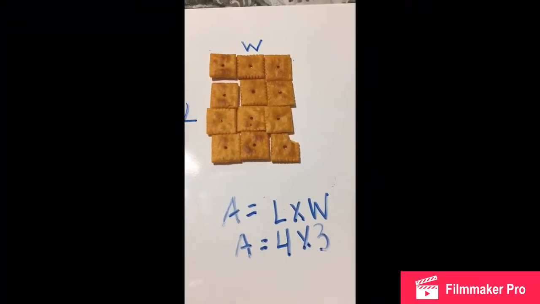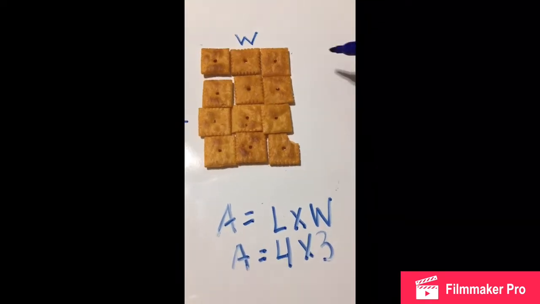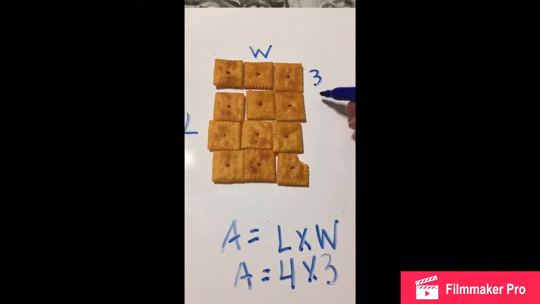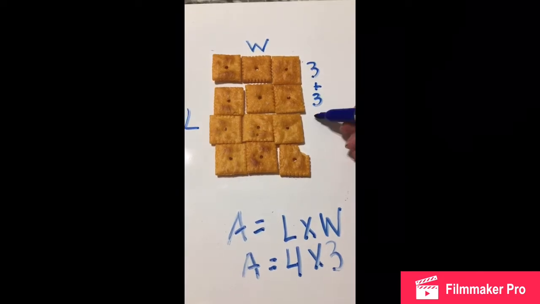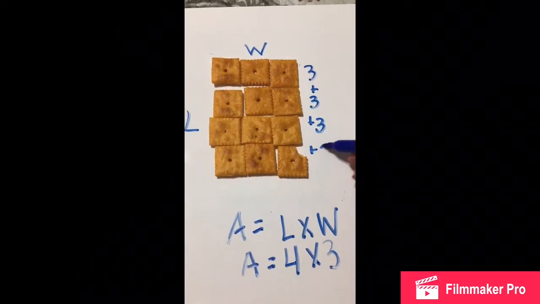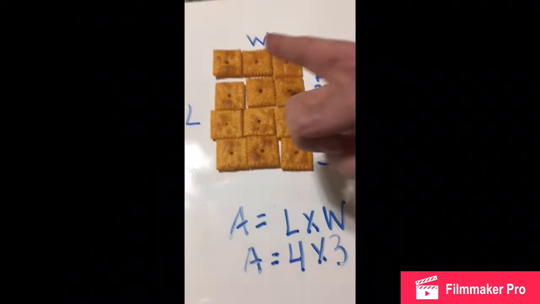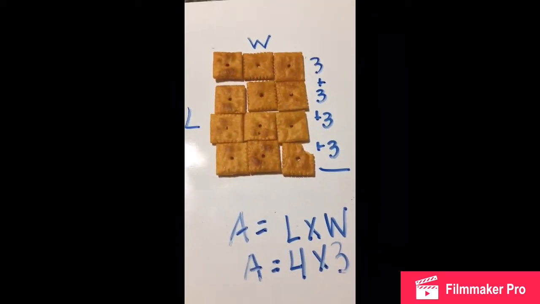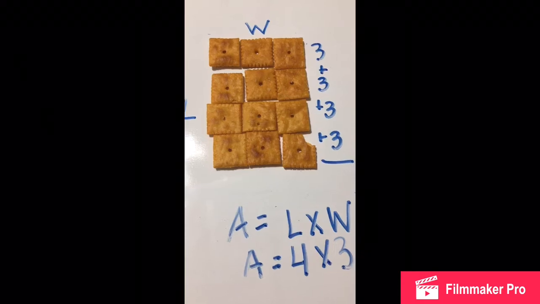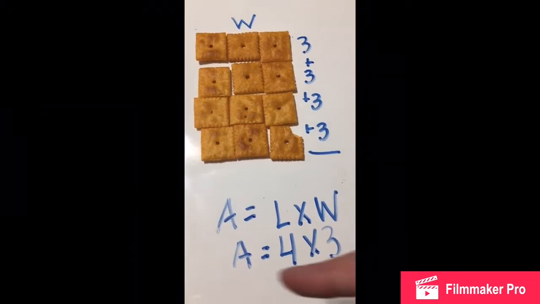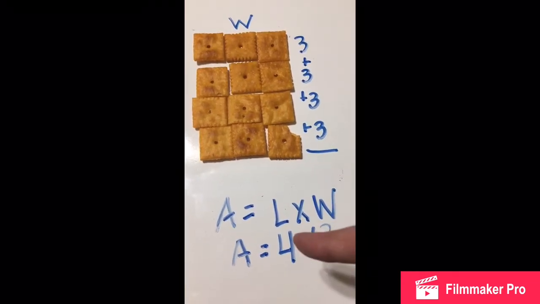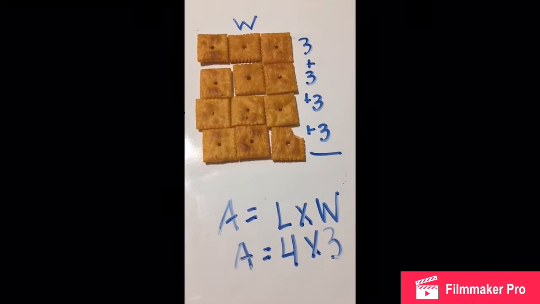Now I can solve that with repeated addition. So I could do 3 plus 3 plus 3 plus 3 to solve that, or I could just count how many Cheez-Its I have all together. Or you could draw out your 4 groups and put 3 in each and count them that way.